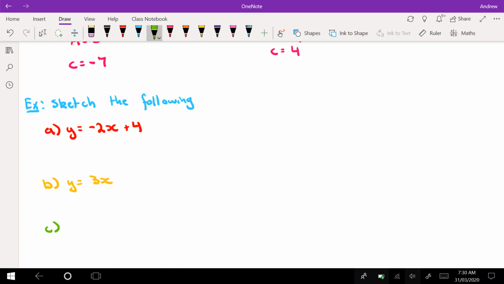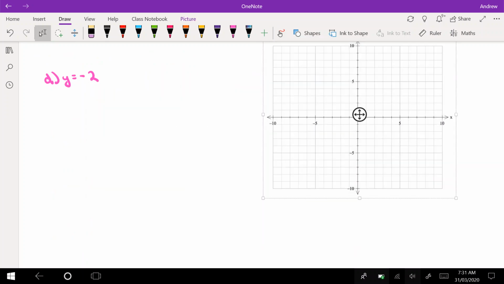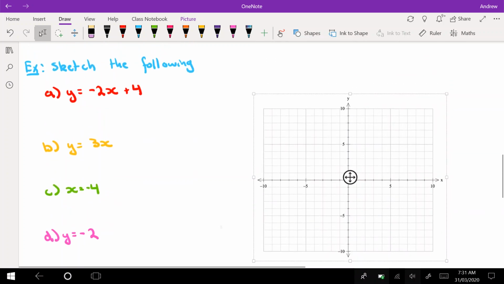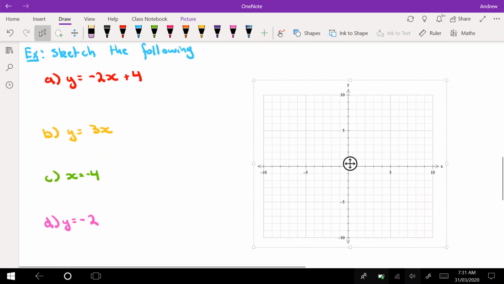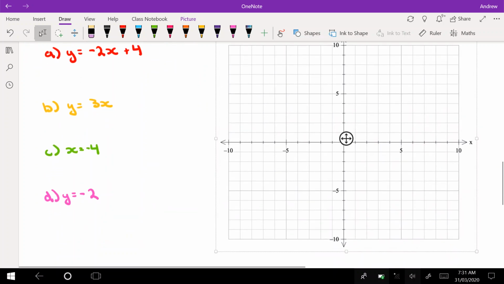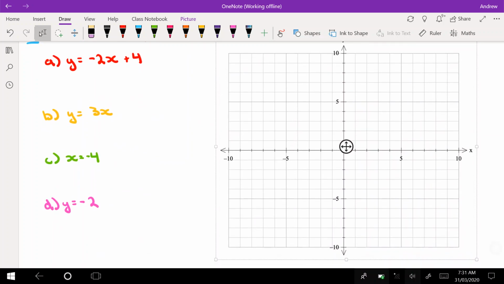The line x equals negative 4. And the line y equals negative 2. And let's get my graph back up here. And I might make it a bit bigger, just so we can see a bit more of these points.